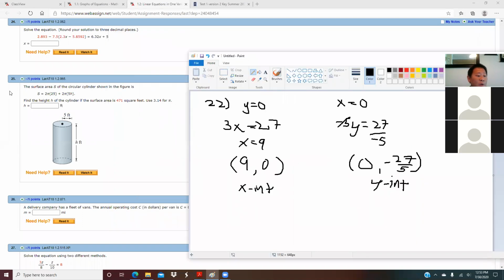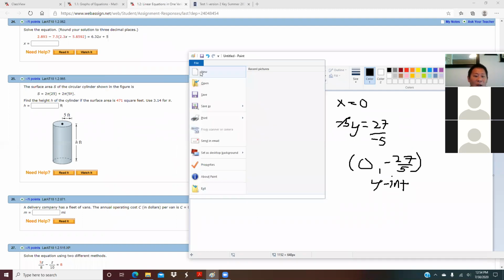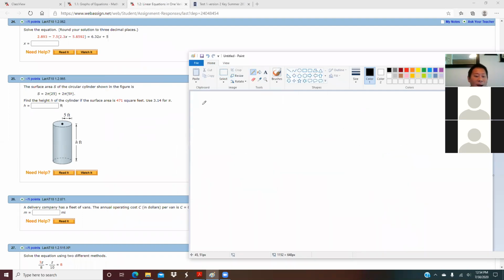So what you do here on question 25 is you plug in the numbers. This looks hard, but it's not that hard. You plug in the numbers and you try to solve for h in this case. For question number 25, they tell you to find the height when the surface area is 471. This 471 is your s. So substitute s to become 471.